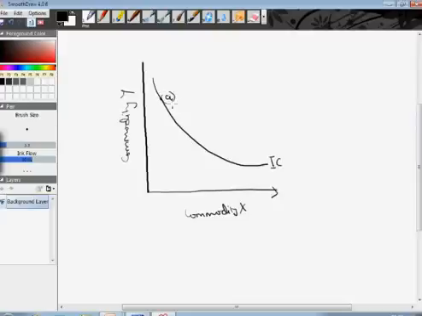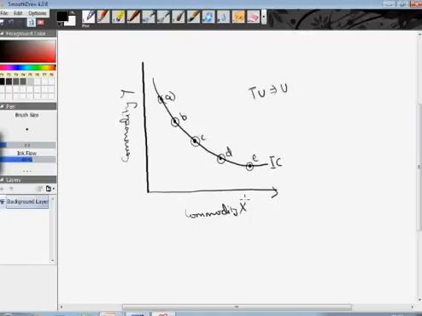We get the different combinations of the two commodities used, X and Y, on this curve: A, B, C, D and E. So each combination of X and Y, that is A, B, C, D, E, will give us the same level of satisfaction, the same level of total utility, which is U. So we can say that an indifference curve is a locus of points which shows the same level of satisfaction by using a combination of two goods.